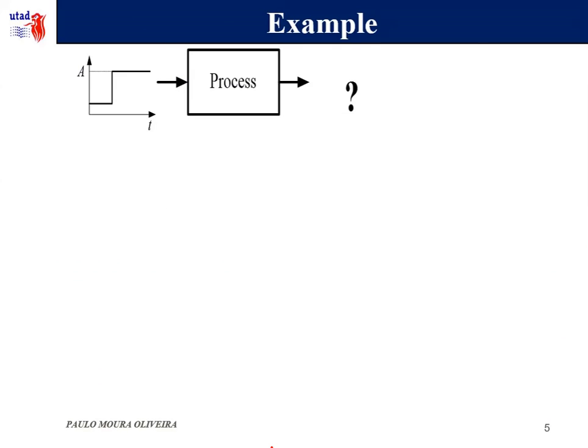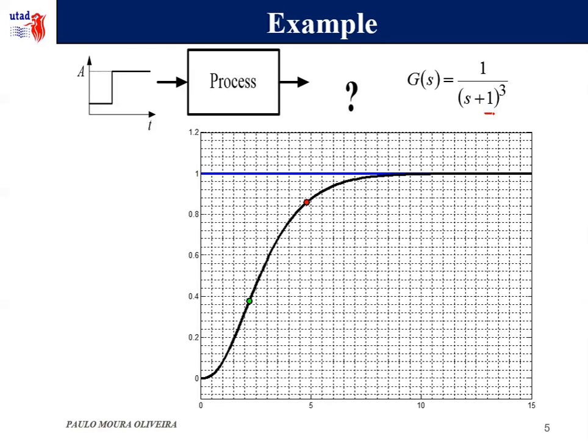We are going to see an example, and we are going to consider again the system with a third-order pole at -1. The open loop response for this case, when the unit step is applied at 0, with amplitude 1, has a sigmoidal shape. In green and red, you see the 2 points.